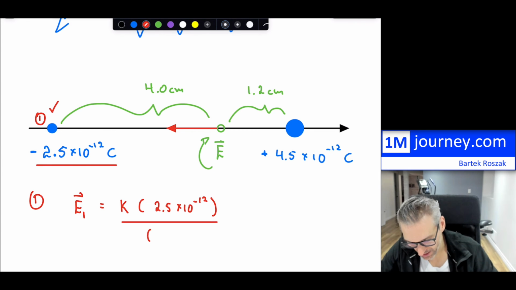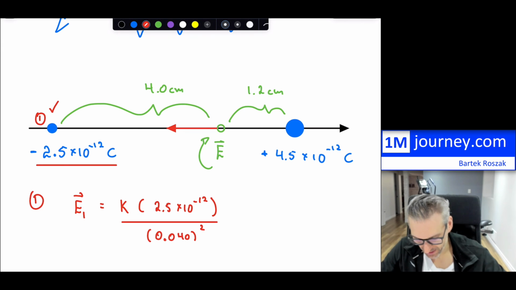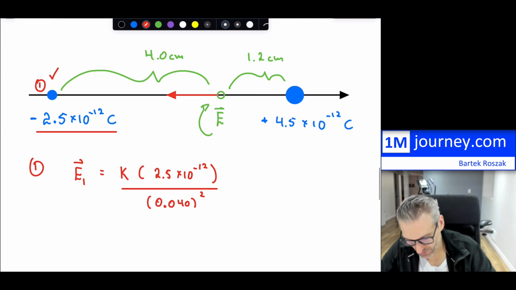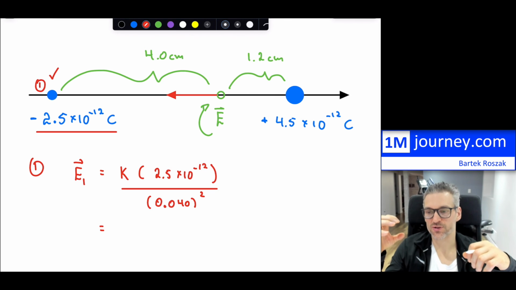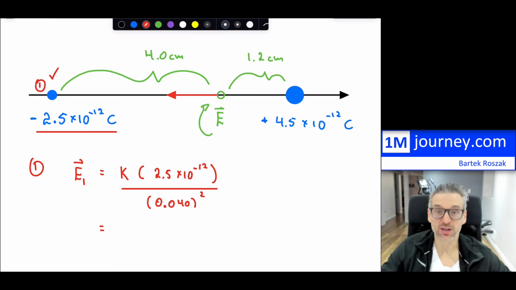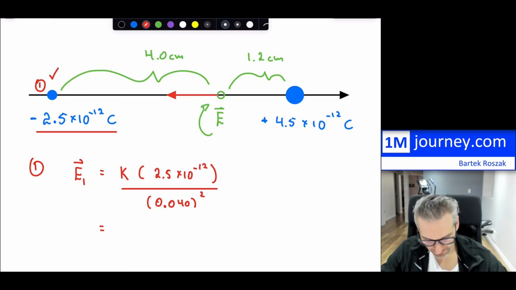Be careful, always change it back to metric standard units, so that's 4 centimeters back into meters. And this would give you exactly what the charge would experience from that electric field. So that would have been the first one. Let me compute it and let's see what we get.